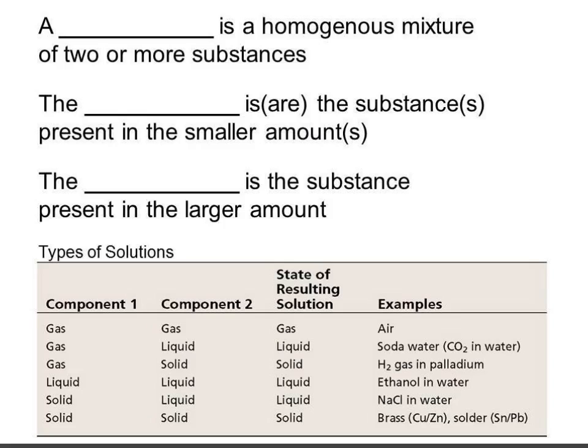Next, we go back once again to types of solutions. We have the first one. Blank is a homogeneous mixture of two or more substances. What do you think we call this?